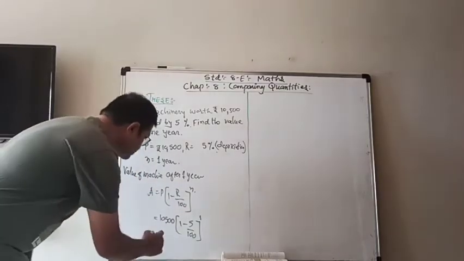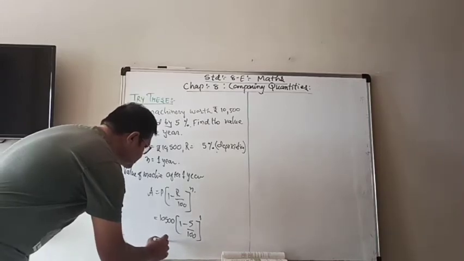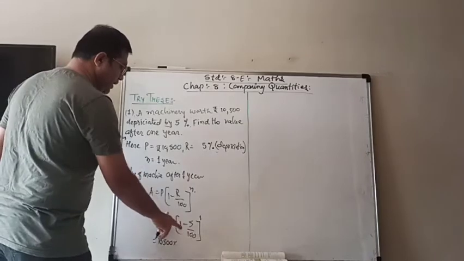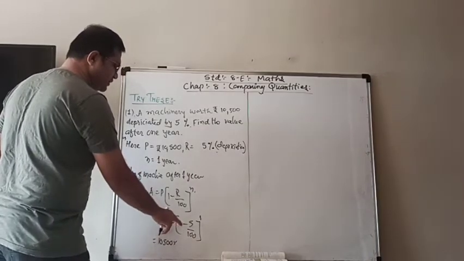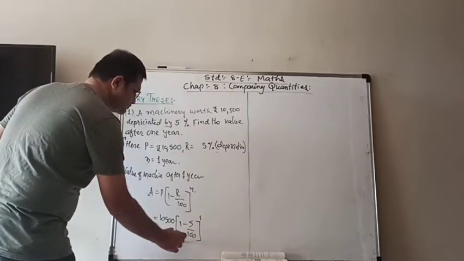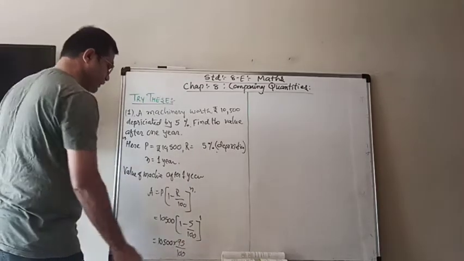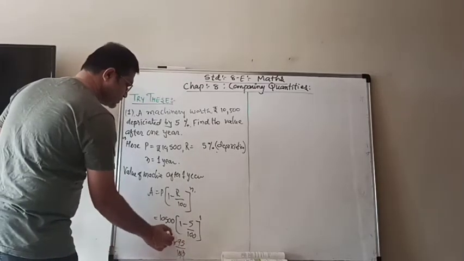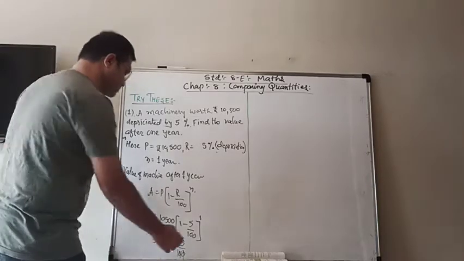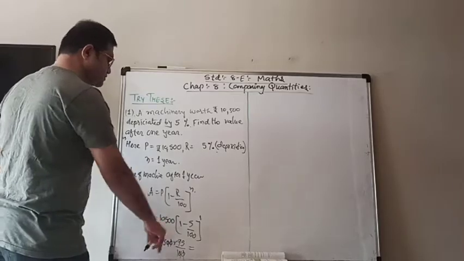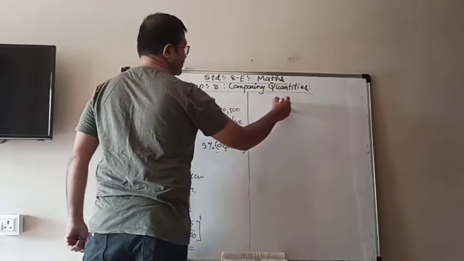So that is equal to 10,500 into, now 100 minus 5 is 95, 95 upon 100. Now you can do the cancellation, and now we have to multiply 105 by 95.